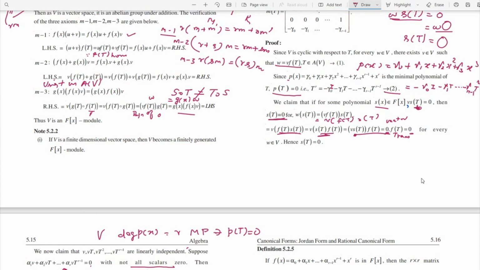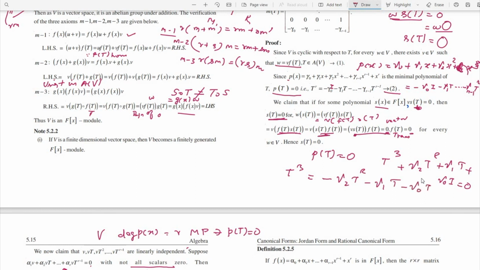Coefficient of highest power should be 1. So from this, because p of t is 0, we get t cube plus gamma 2 t square plus gamma 1 t plus gamma naught I equal to 0, which means t cube will be minus gamma 2 t square minus gamma 1 t minus gamma naught I. So your t cube will be a linear combination of 1, t, t square.